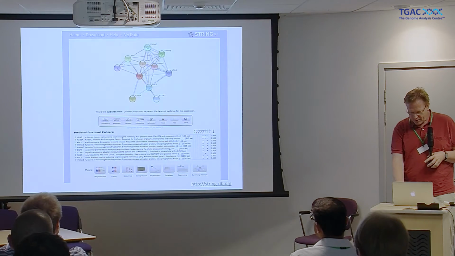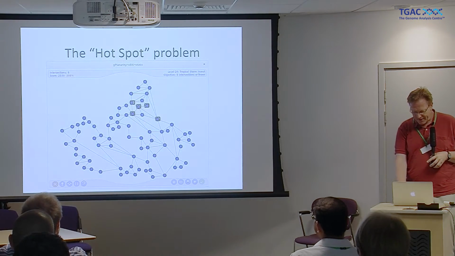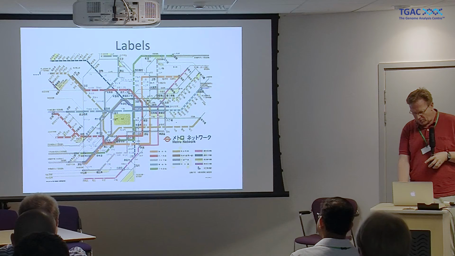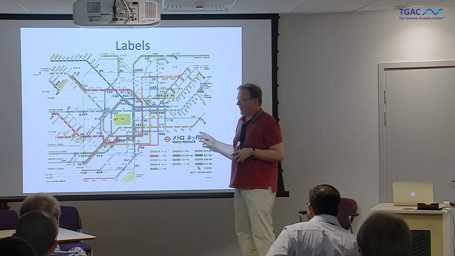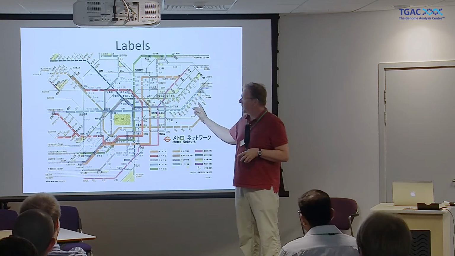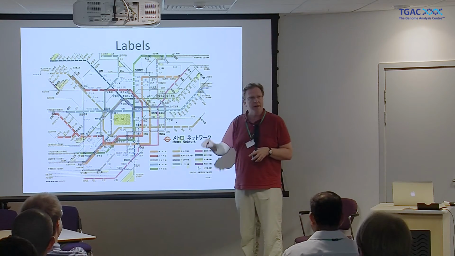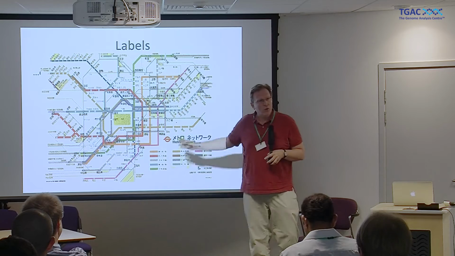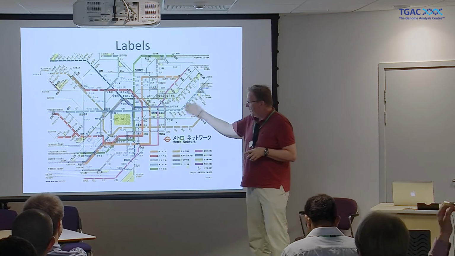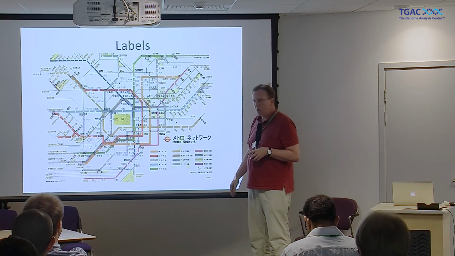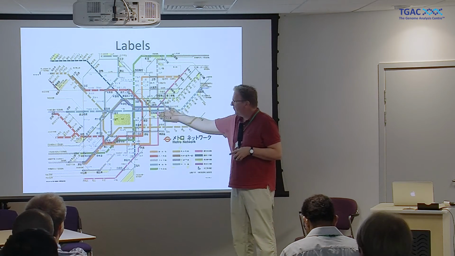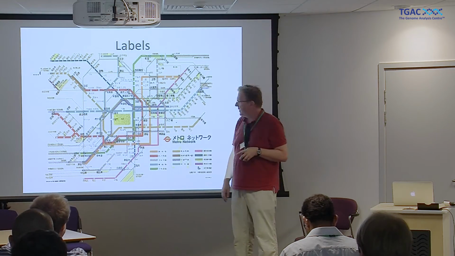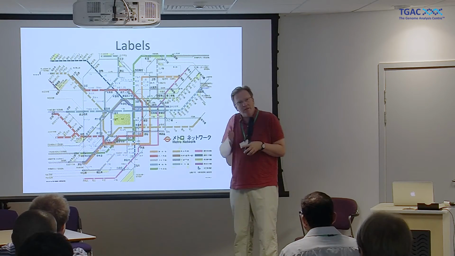I wanted to talk about another problem, which is computational complexity. I'm not going to talk about labels, but labels is one example very directly. In a visualization system, you're confronted with this problem that if you want to include the textual descriptions of the nodes in your network, then you need to leave some space for that.